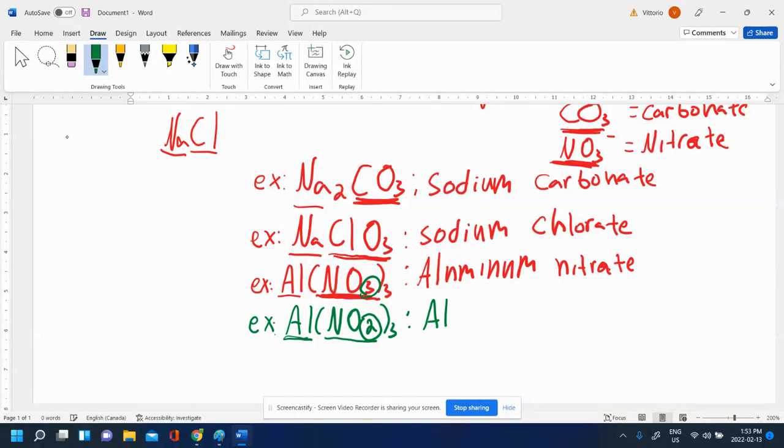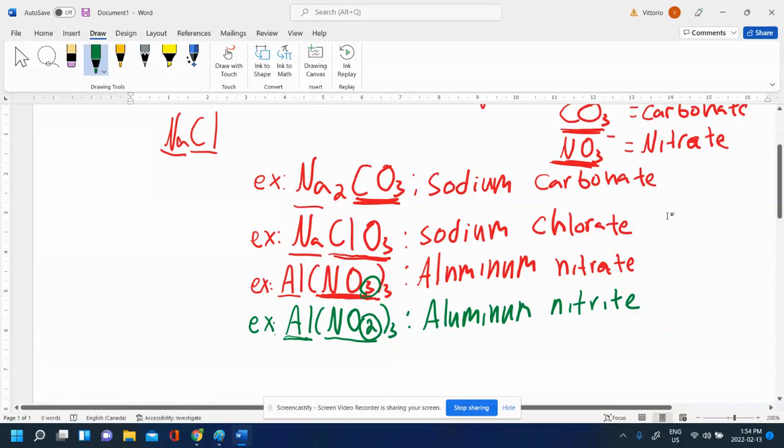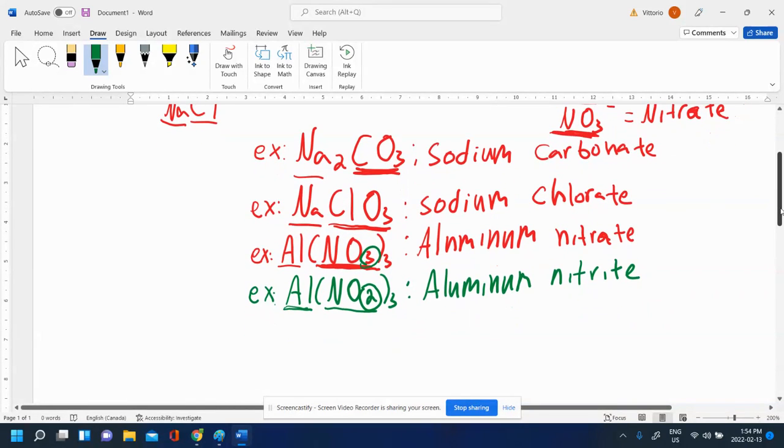So this is aluminum nitrite. So that's a ternary ionic compound with the polyatomic ion nitrite in there instead of nitrate. So they all sound very similar to each other, but those subtle differences make entirely different compounds. Nitrate has NO3, nitrite has NO2.